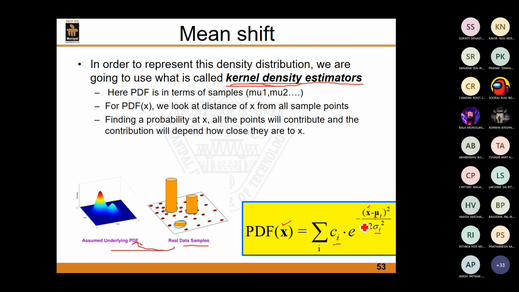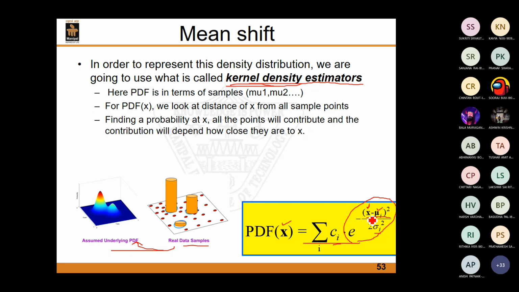In order to calculate this probability, (x minus mu_i) the whole squared is nothing but the distance of the current point with respect to the neighboring points. It's just a distance measure. So if you look at this particular term, what we see is that this is nothing but a Gaussian weighting. This is the expression for the Gaussian.